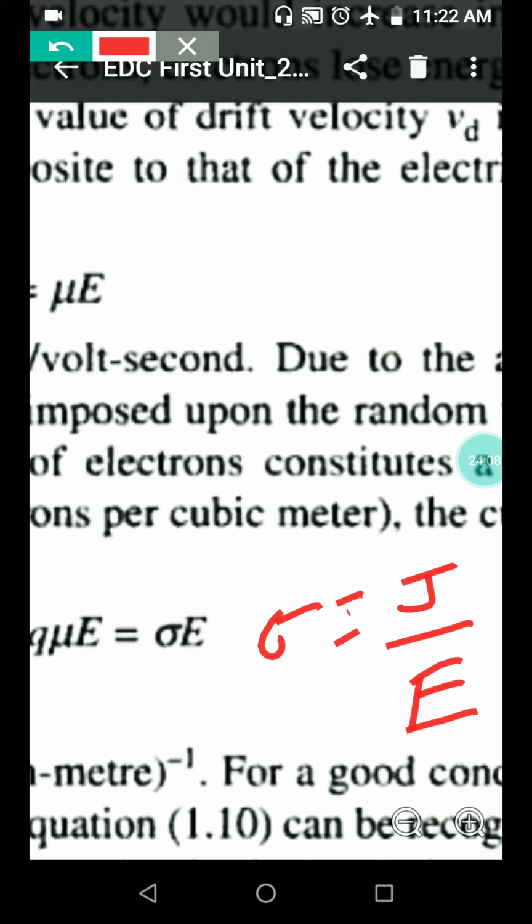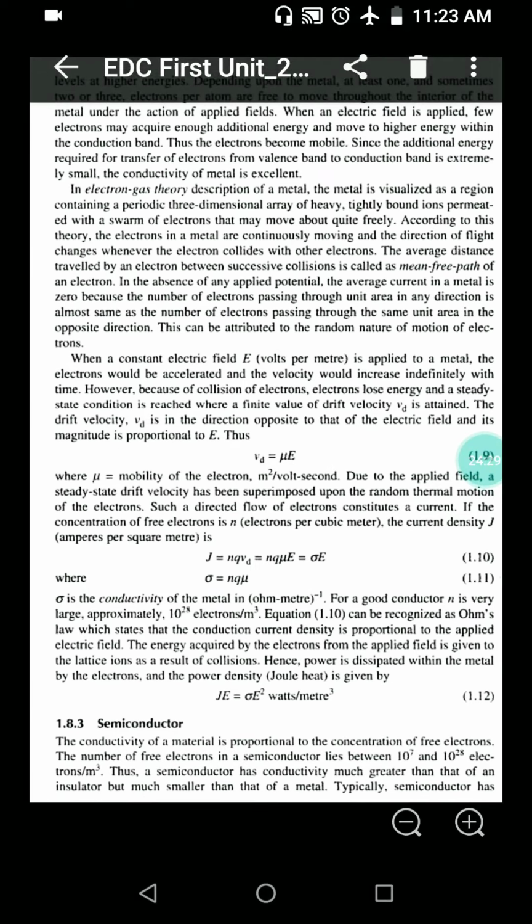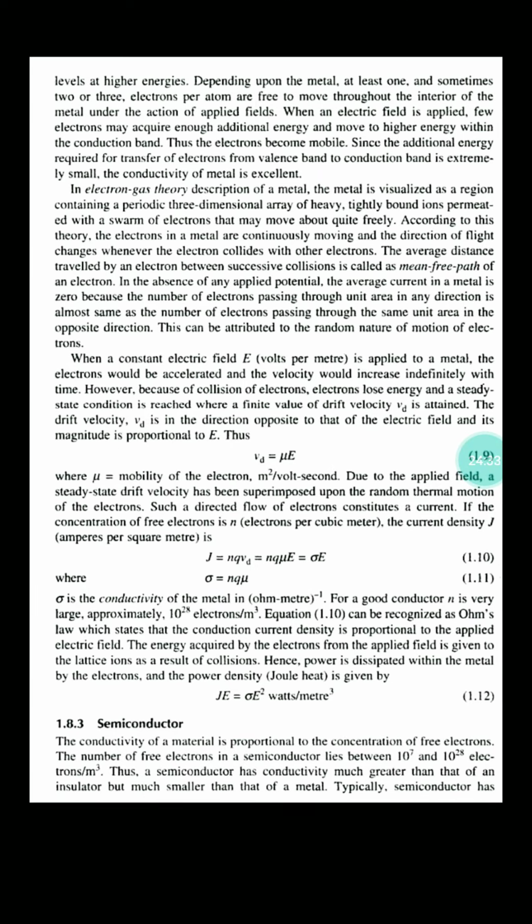J equal to current density, E bar is equal to electric field, sigma equal to conductivity. So the ratio of the current density in the material to the electric field which causes the flow of current is nothing but the conductivity. In a metal, there are 10 to the power of 28 free electrons available.